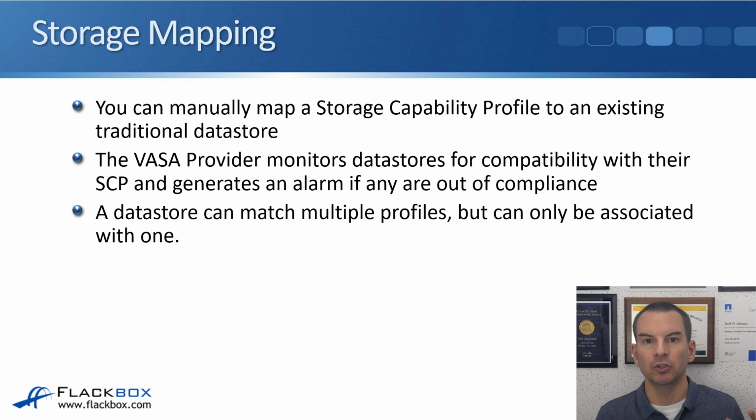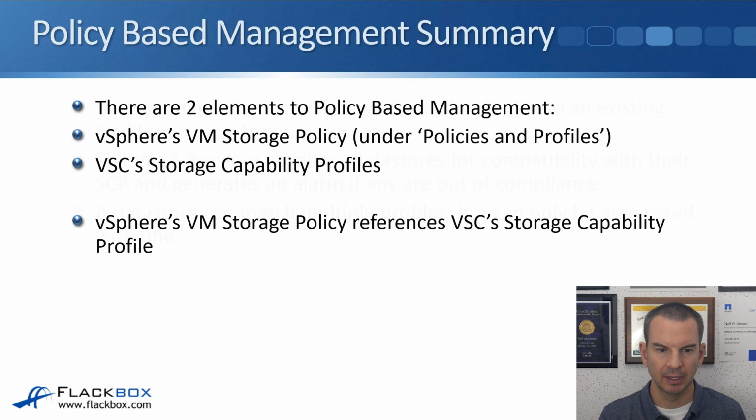Also, if you created a data store in VSC using a particular storage capability profile, and then an ONTAP administrator went and manually changed one of the settings, then you would get an alarm about that as well, because it would no longer be compliant. A data store can match multiple profiles, but can only be associated with one profile.